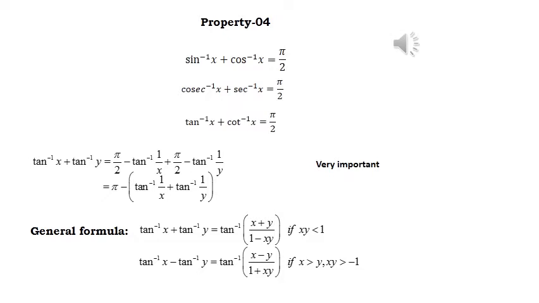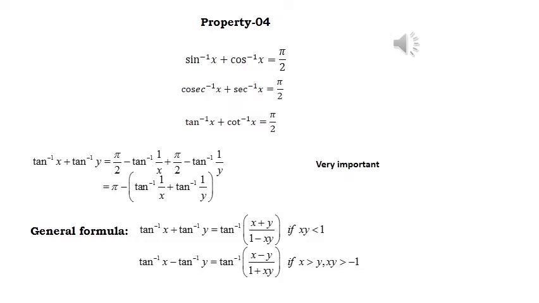And one more very important property you have to remember. To add tan inverse x plus tan inverse y, we have to look at the quantity x and y. The product x and y is greater than 1, and do the conversion. Whenever the product x into y is greater than 1, the first term tan inverse x should be converted separately, pi by 2 minus tan inverse of 1 by x, take reciprocal.